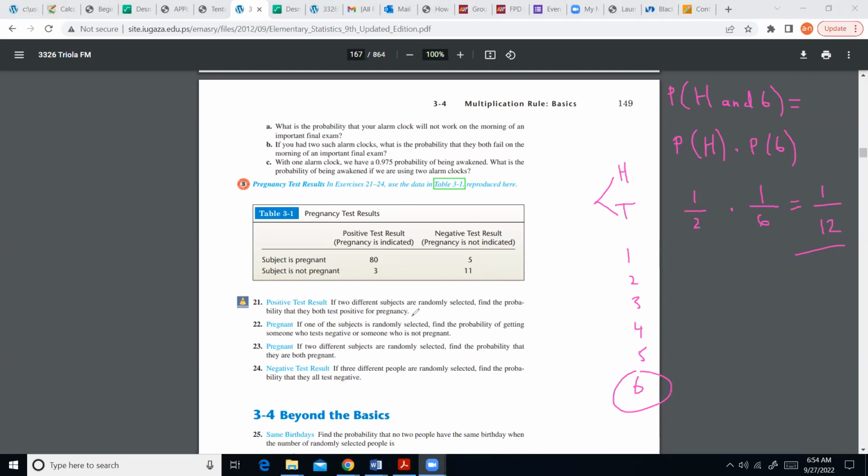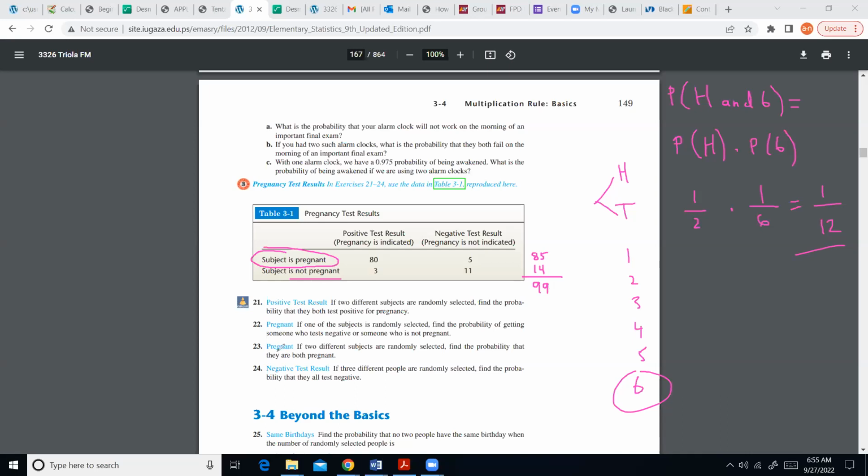If the subject is pregnant, then we can get a total of 85 women, and non-pregnant total is 14. If you add them all together, you get a total number of sample elements, which is 99.